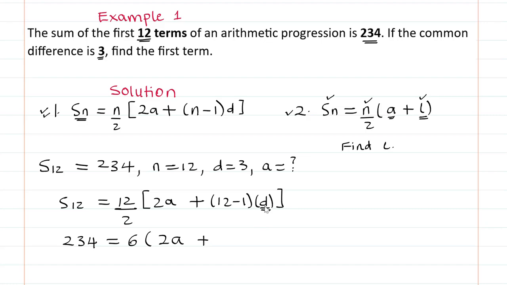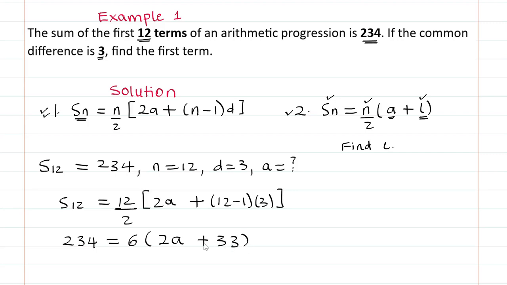Let us substitute for d here, and our d is 3. I forgot here, 3. Then what is 12 minus 1? 11. 11 times 3, we get 33.